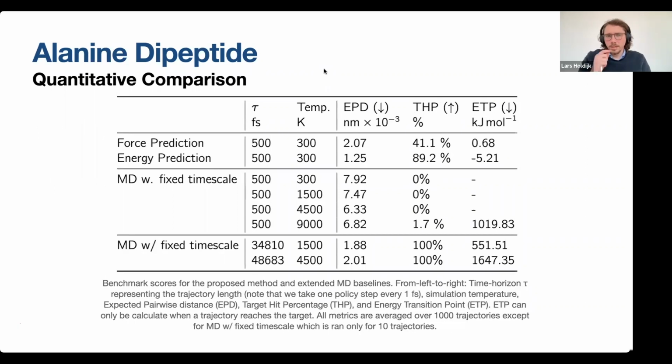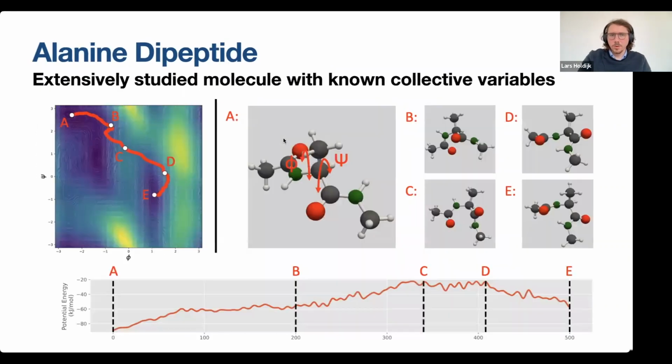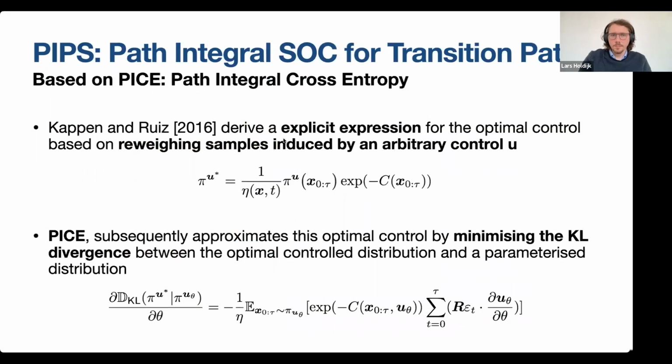The method is trained based on minimizing the KL divergence between these distributions, and that's dependent on this gradient update step here. What you can see here is that this is an expectation over distribution sampled using your current policy.